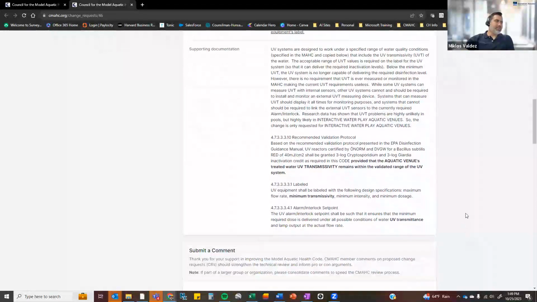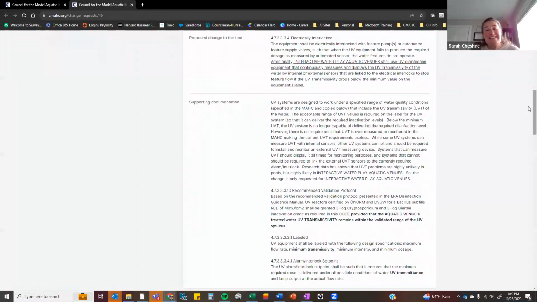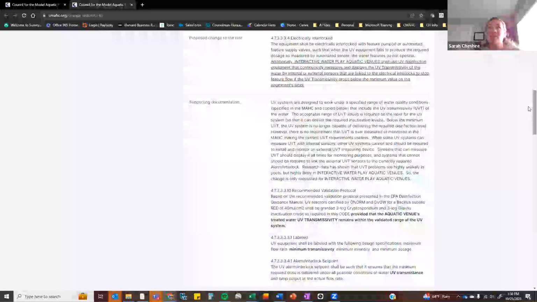Okay, any reasons why? It says, we understand that it is a high dose, not a high UV transmissivity, UVT, that's what we're going to call it, that kills cryptosporidium. We understand that the dose is roughly proportional to the product of the lamp intensity and the UVT. We understand that sensors are already required to be present to measure the dose, and the feature pump is already required to shut down when the dose gets below the minimum value.